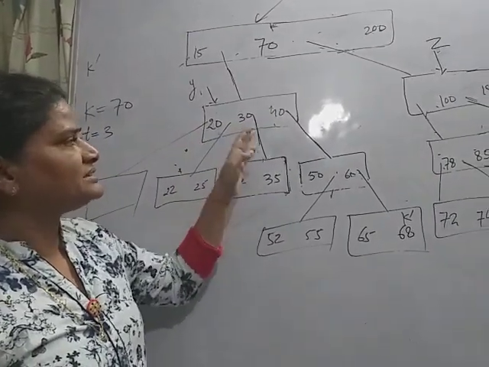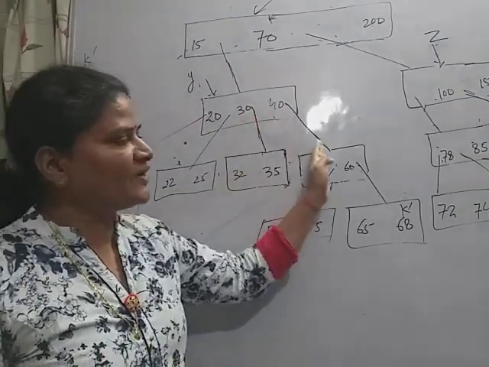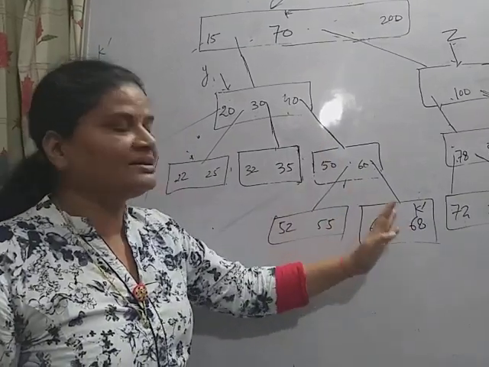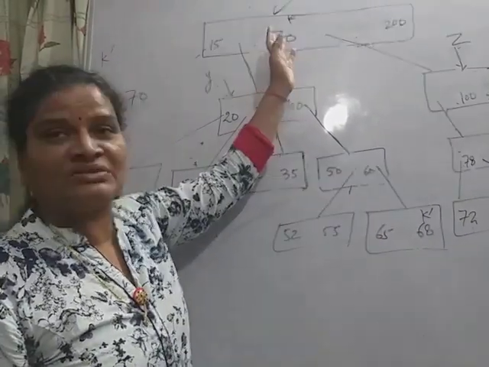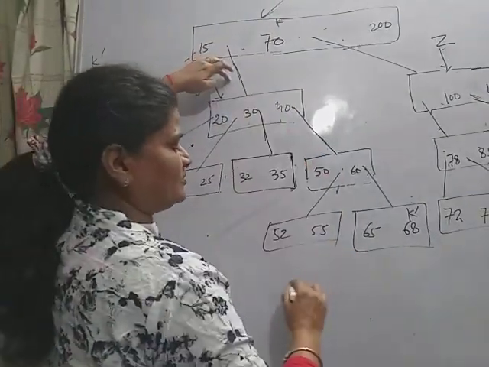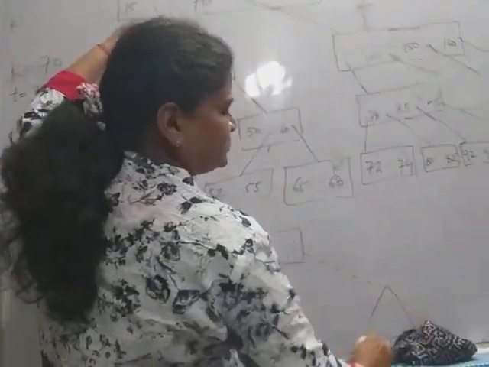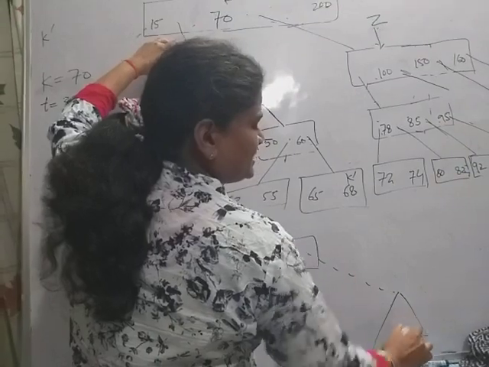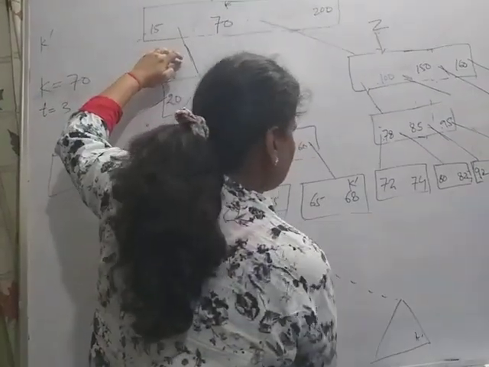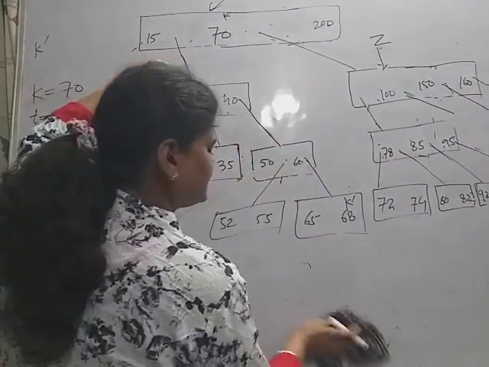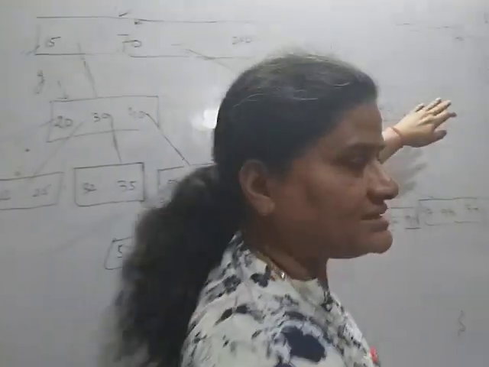Now our objective is to find the immediate predecessor. On this node, the immediate predecessor is found by going to the last node, and somewhere there will be k dash. Okay, so now see the recursive deletion step written here.